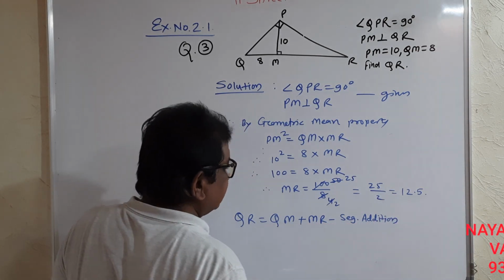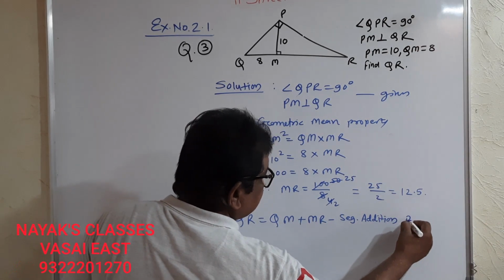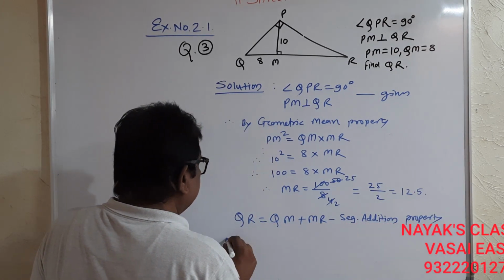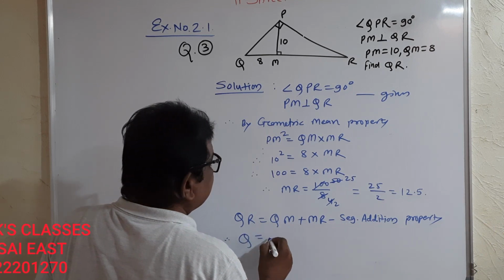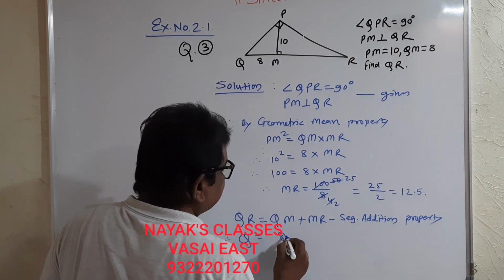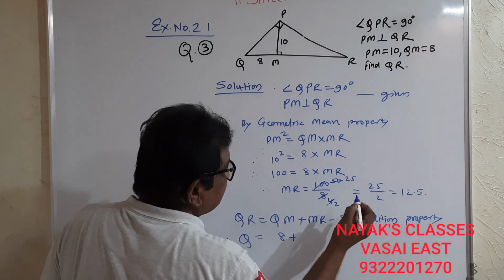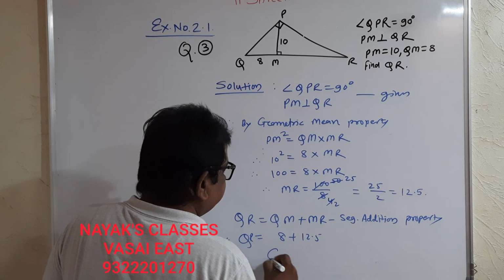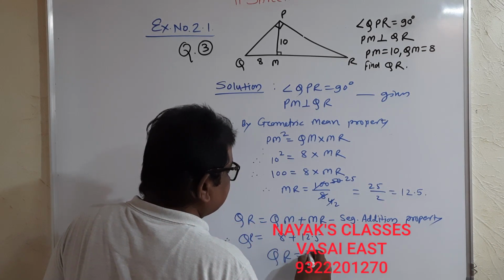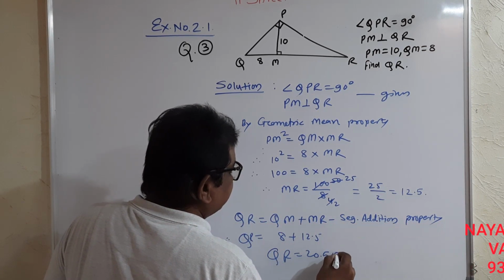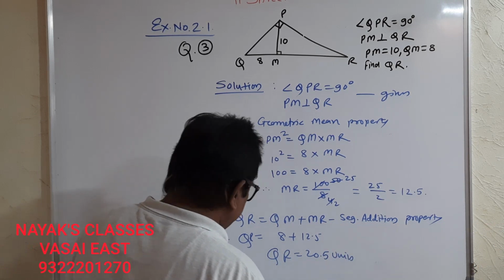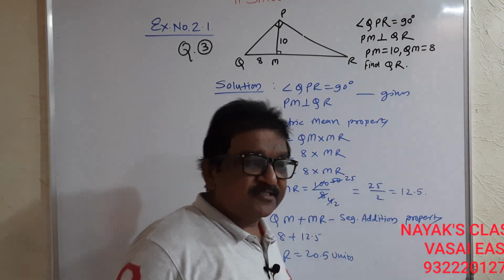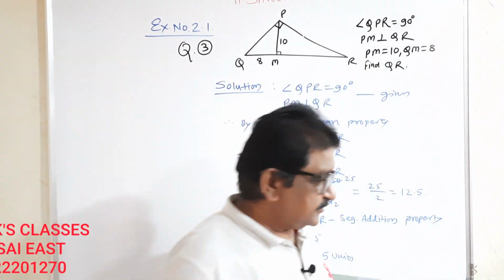In childhood we have studied this segment addition property. Therefore, QR is equal to QM 8 plus MR 12.5. So QR is equal to 20.5 units.